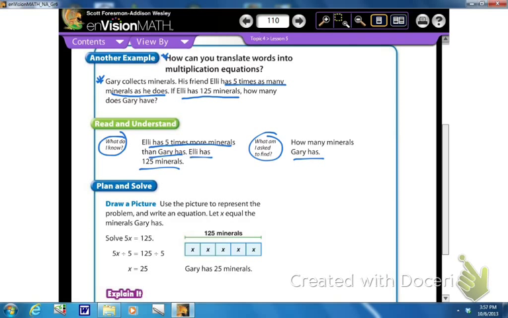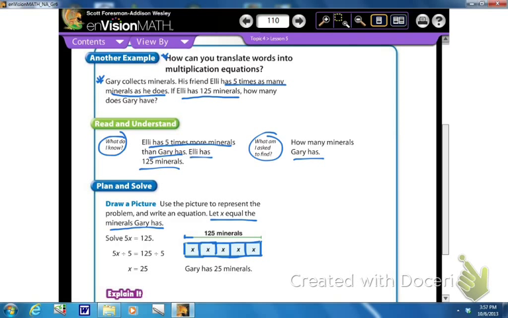All right, so they want you to use a picture to represent the problem and write the equation, and they say, let x be the minerals that Gary has. So Gary has x number of minerals. We know Eli has 5 times that amount. So they show x, here each block is worth x. We don't know what x is, but each block is worth x. And we have 5 of these blocks.